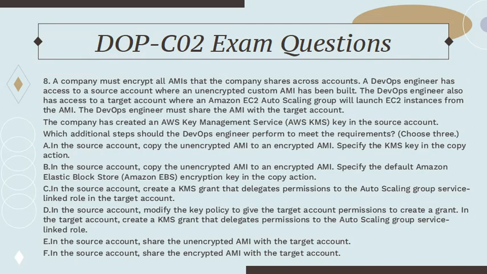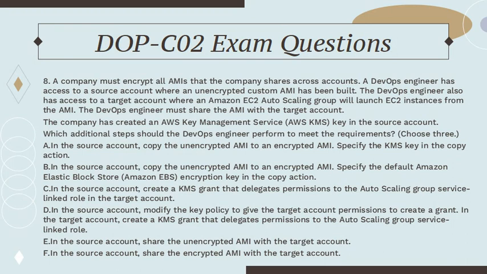8. A company must encrypt all AMIs that the company shares across accounts. A DevOps engineer has access to a source account where an unencrypted custom AMI has been built. The DevOps engineer also has access to a target account where an Amazon EC2 Auto Scaling group will launch EC2 instances from the AMI.